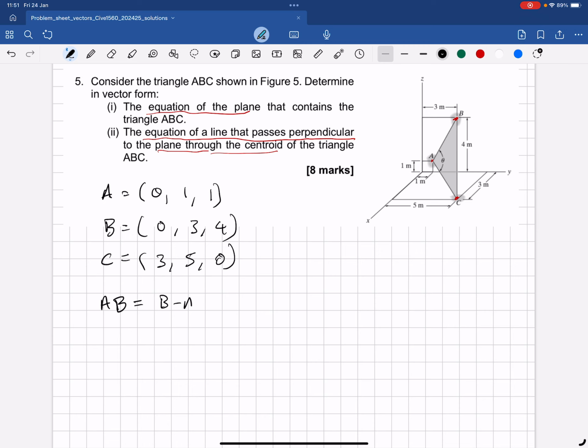So B minus A is 0, 2, 3. AC, C minus A, which is 3, 4, minus 1.